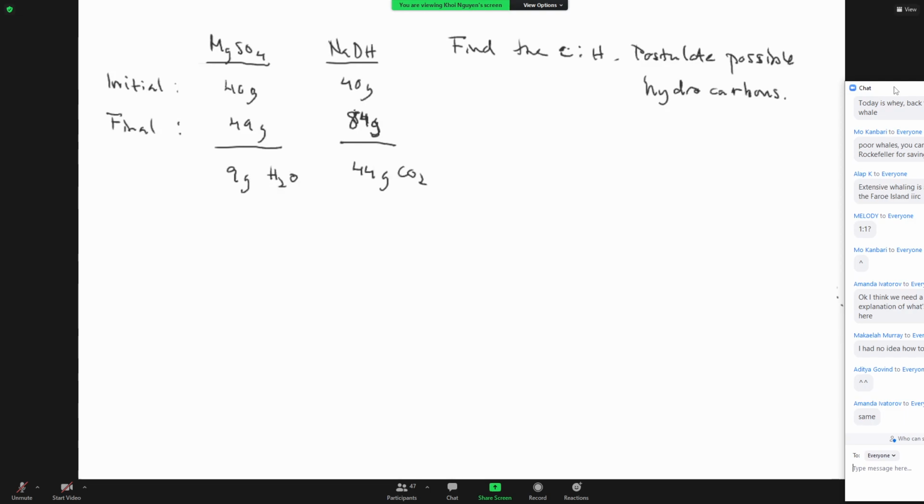So then the rest is just stoichiometry. We have 9 grams of water, 49 minus 40, and 84 minus 40 is 44 grams of carbon dioxide. That's how we ended up getting what we got. Does that make sense?